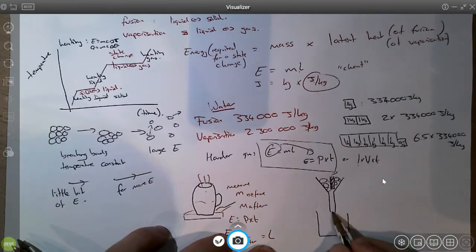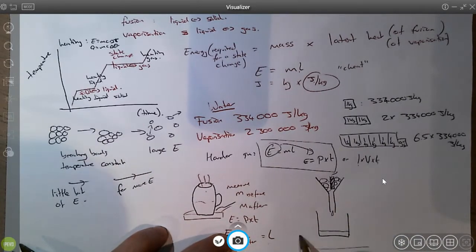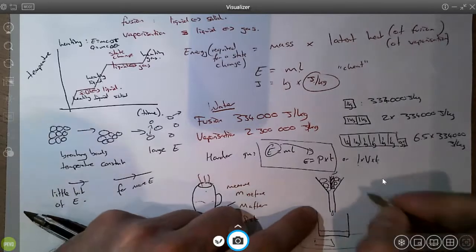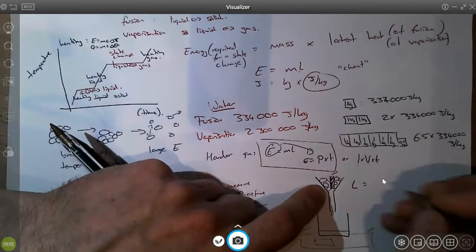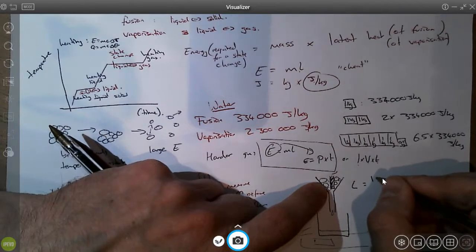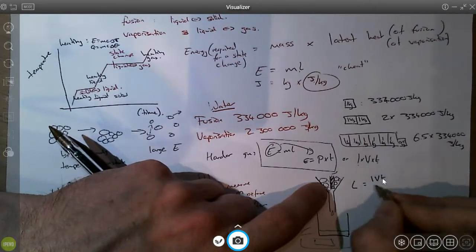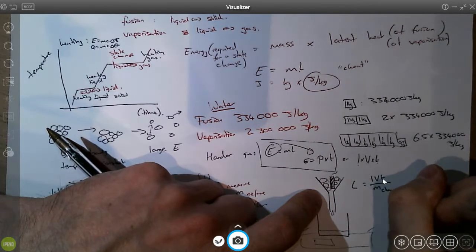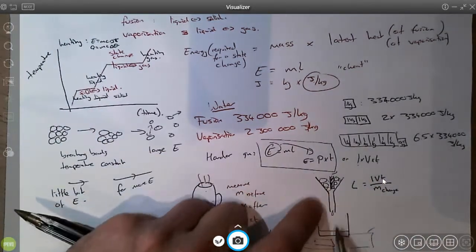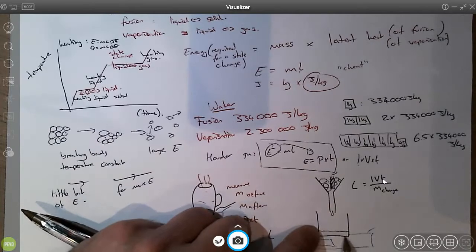The water will drip through into the beaker, and again you can put the beaker on a mass balance, and you can work out the latent heat of fusion of water by looking at the current times the voltage times the time divided by the mass change from the water that's dripped in here, because that's the state change.